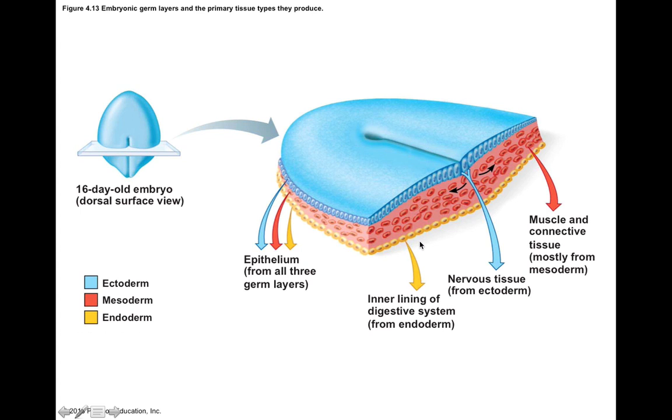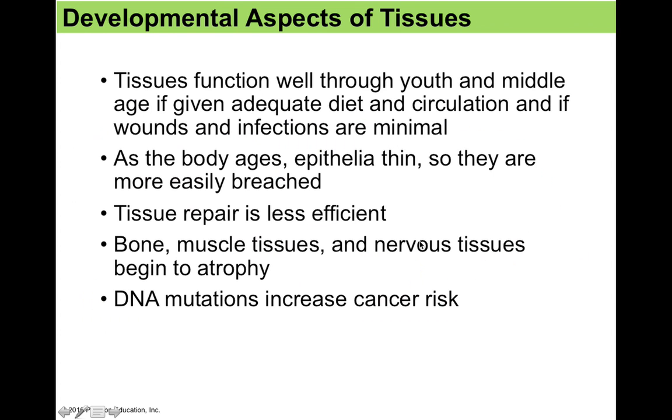Now, in terms of age-related changes of our body tissues, we say that tissues function fairly well through youth and middle age as long as there's adequate diet, circulation, and infections are minimal. Now, as our body ages, we see a general thinning of epithelial tissues, so they're more easily breached and damaged.